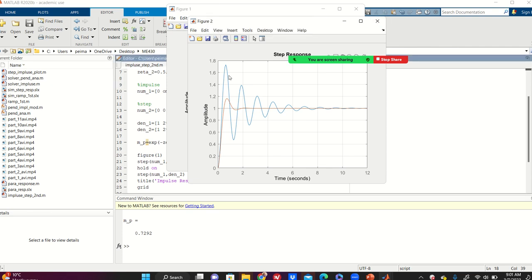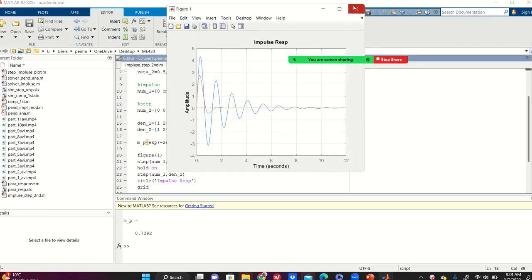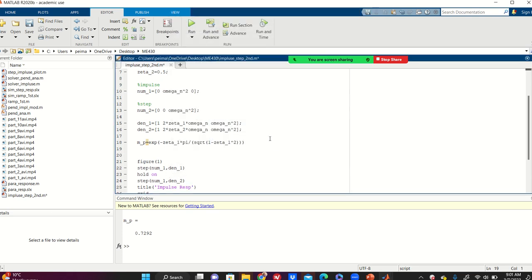And you can even calculate the time of that. You can just type it here. Say time of peak is pi over omega d. Omega d was omega n multiplied by square root of 1 minus zeta 1 square.